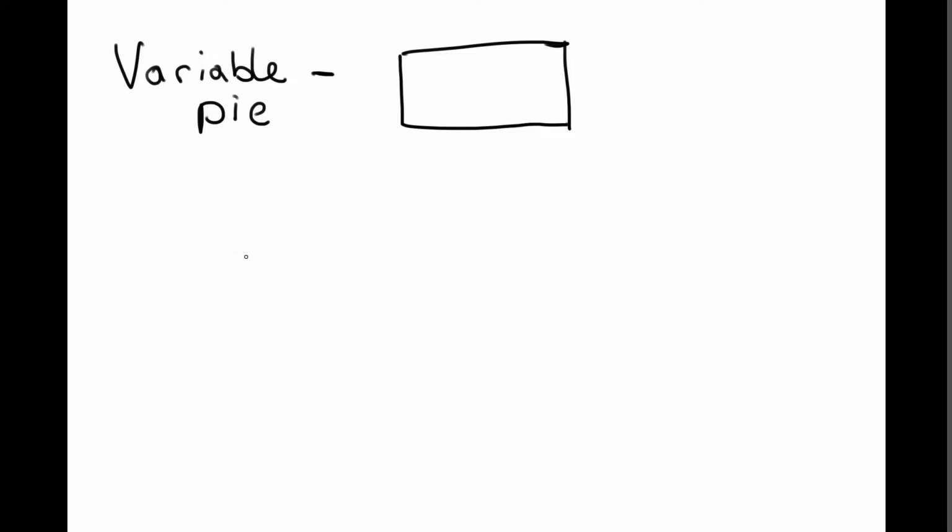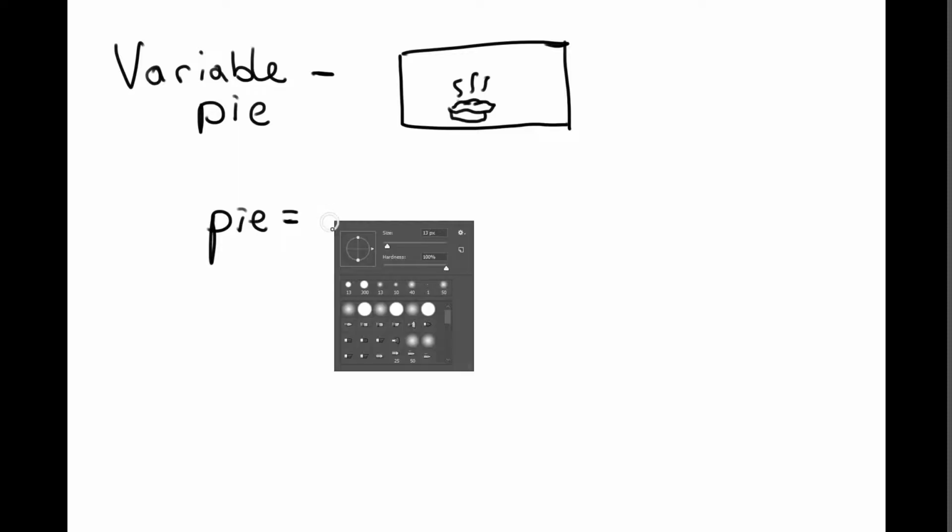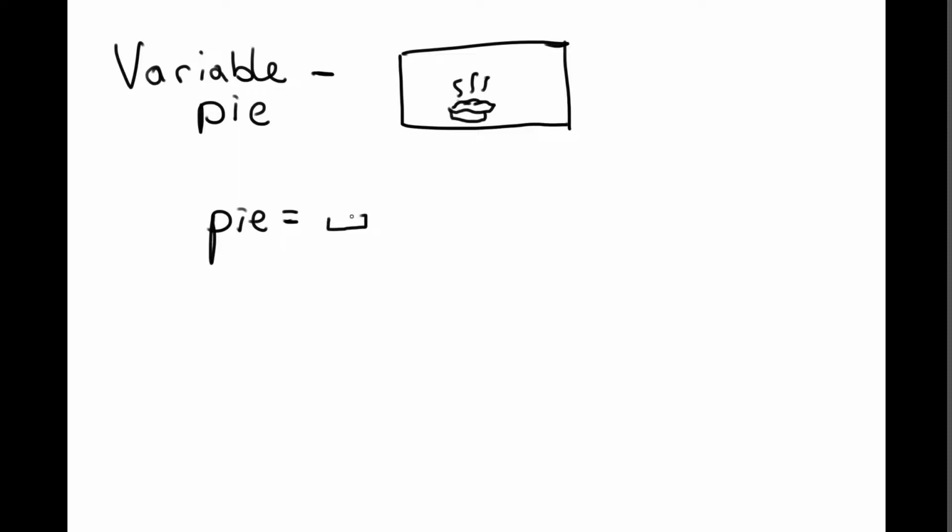Now, whenever you write the word pi in any code later on, pi is always going to equal whatever is inside this box. So if pi is equal to an actual pie, then every time you call the word pi when you're coding, you won't actually see a picture of the pie, but as an example, it will always draw whatever is inside this container box.